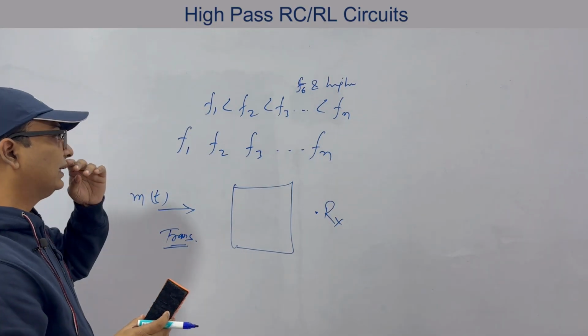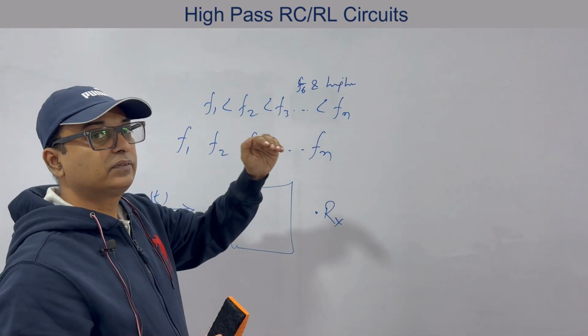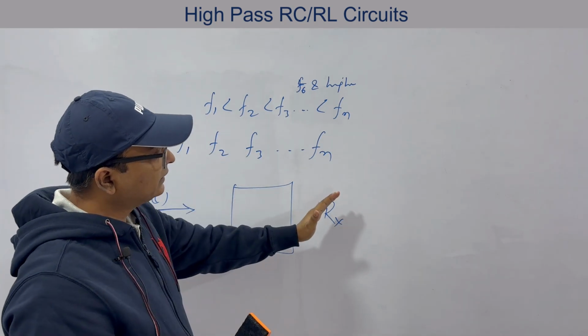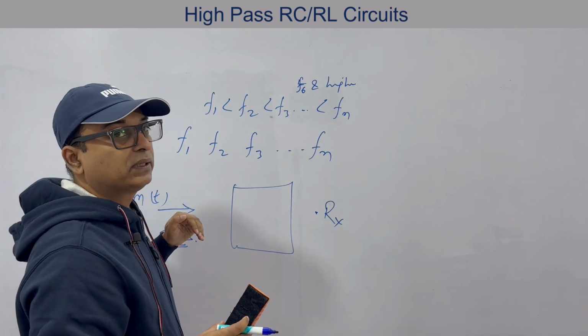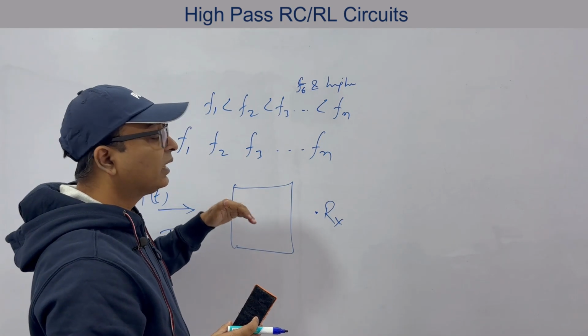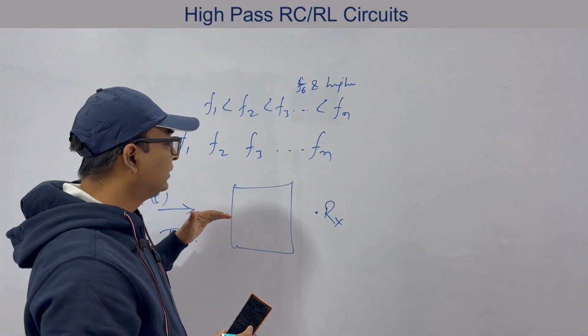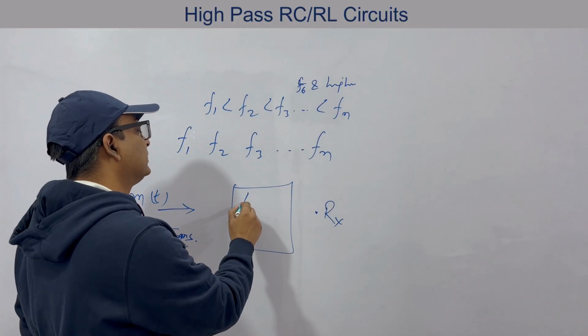That is, the higher signals above certain frequency level are passed and signals below that particular frequency are attenuated. Then it is called a high pass filter.